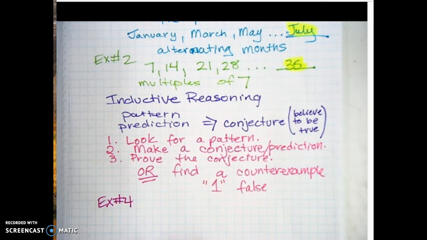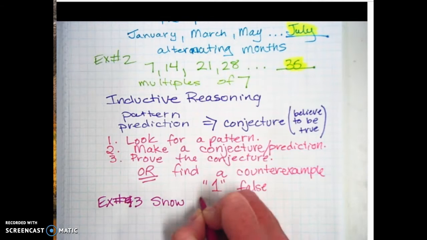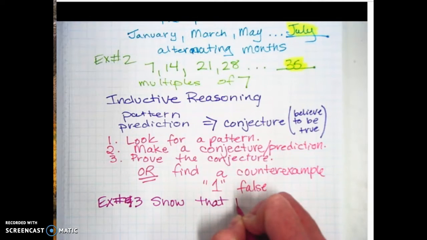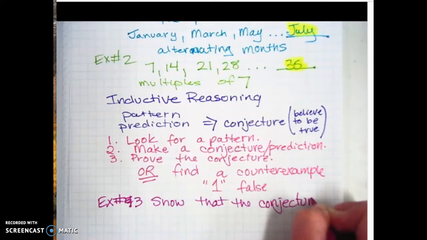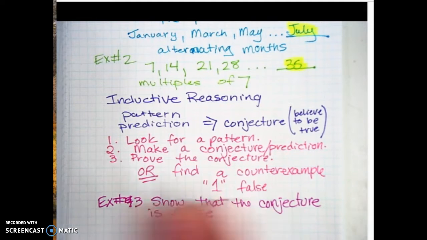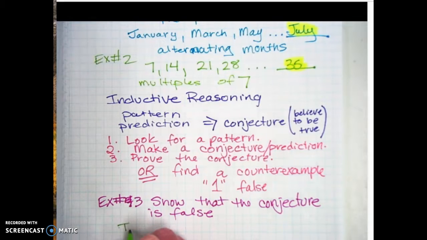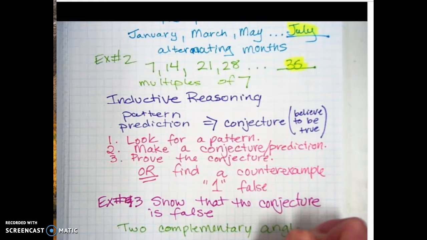So example number 3, we're going to show that the conjecture is false. And here is the statement. 2 complementary angles are not congruent.